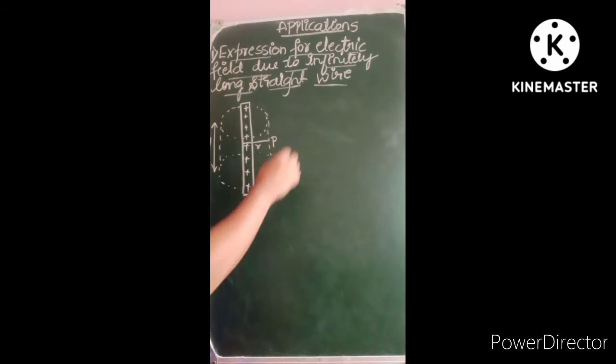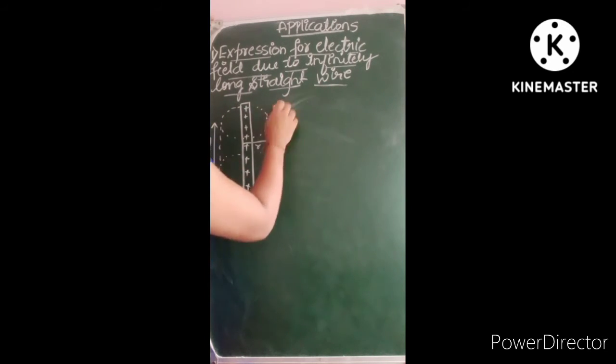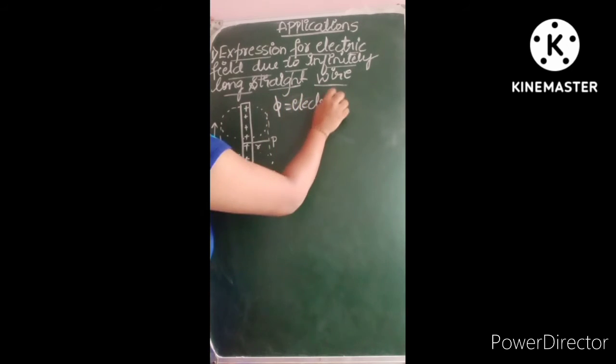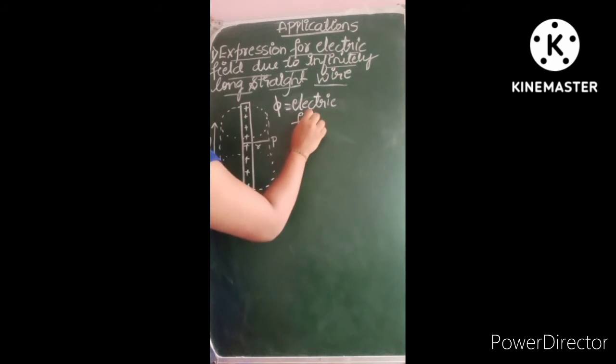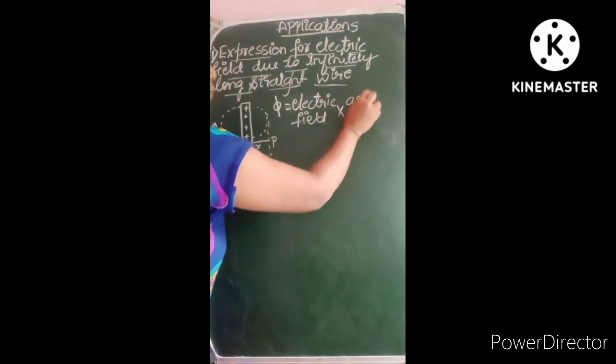Then the flux through this Gaussian surface is phi is equal to electric field into area.